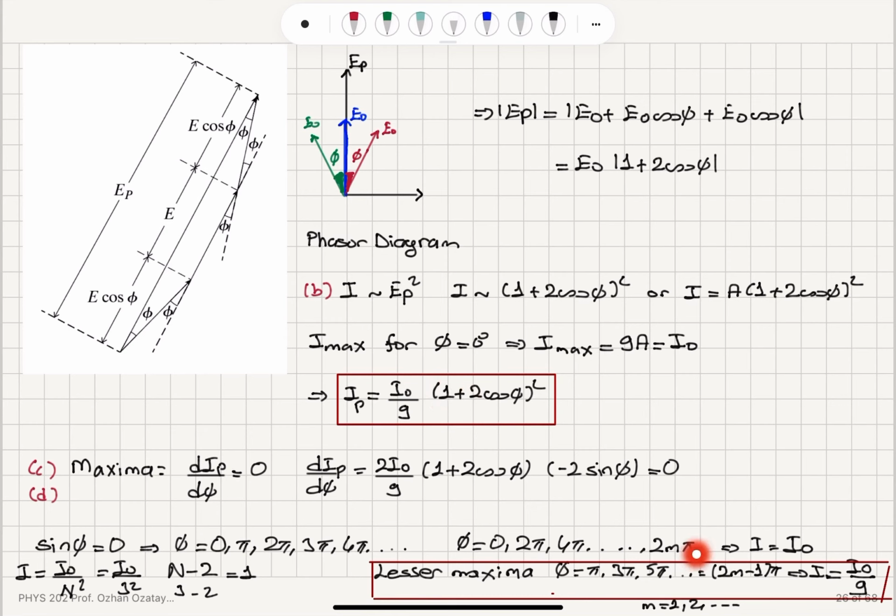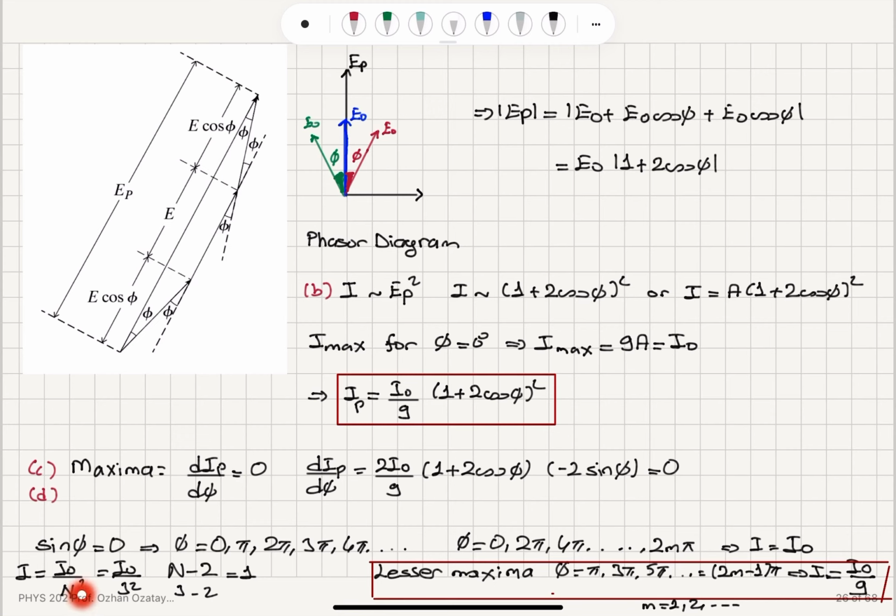So we substitute these values here: 0, 2 pi, 4 pi, 2n pi. We obtain intensity of I0. If we substitute the other ones, pi, 3 pi, 5 pi, etc., we obtain I0 over 9. Because this is minus 1, we obtain 1 squared, which is I0, giving us I0 over 9.